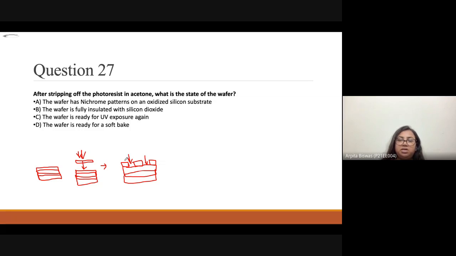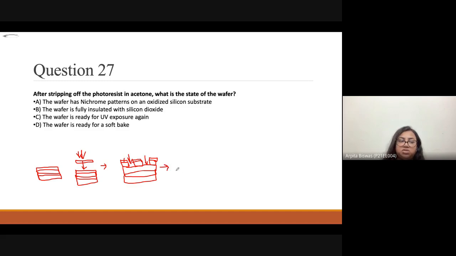Okay. So here the question is the stripping of the positive photoresist. Before the etching process, the positive photoresist is present. Then we go for the etching process, and after the etching process, this photoresist is removed. So what happens if the photoresist is removed?